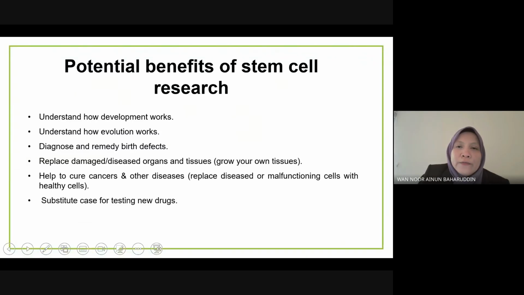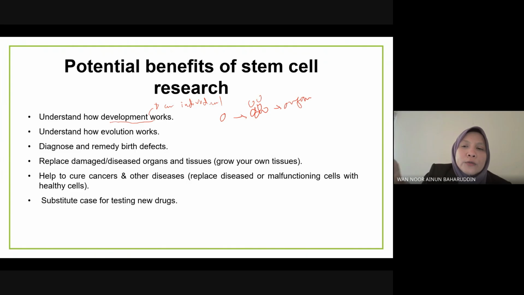What are the potential benefits of stem cell research? We can understand how the development works, maksudnya development of an individuals. Daripada satu tisu, daripada satu cells menjadi tisu dan develop into organ.